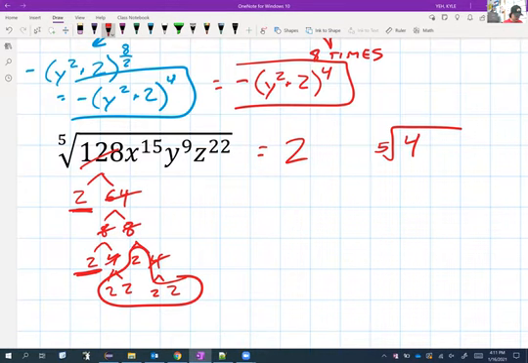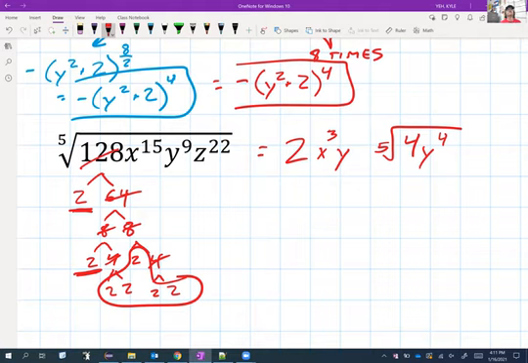Well, in 15, there are 3 groups of 5 and nothing left over, right? What about y's? I have 9 y's. I need a group of 5. Here's my group of 5, and there are 4 left over. I can pull out 1 y and have 4 left over. Not quite enough to form a group of 5.